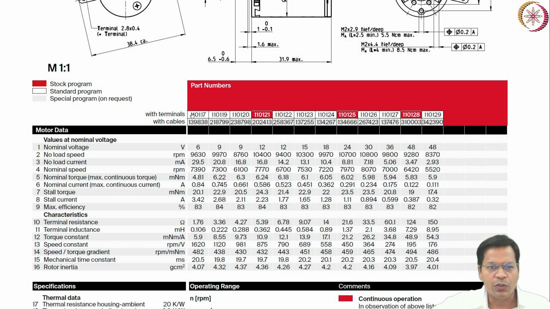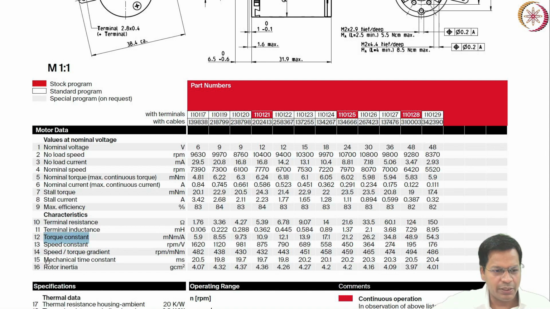Let me see where it is. So it is the first one, 110117. It has various constants mentioned here. The specific one which I'll be using is the moment of inertia of the shaft. Where is it? So you see the time constant is here, and the torque constant Km is here.